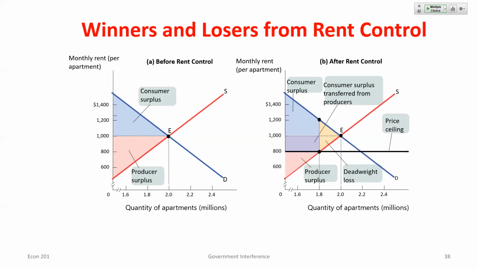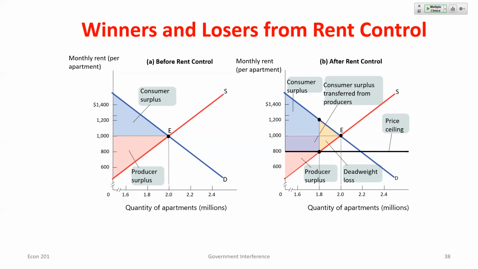So if I go back here, if I put a price ceiling of $1,200, what's going to happen in this market? Well, the current equilibrium price is $1,000. So if you tell me you can't charge more than $1,200 in rent, I just go, okay, I'm only charging $1,000. So if you did put a price ceiling above this equilibrium price, basically nothing's going to change in the market, at least initially.